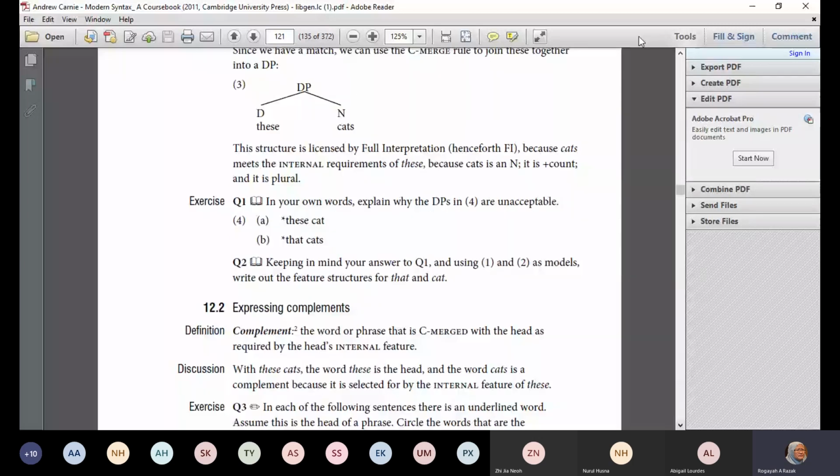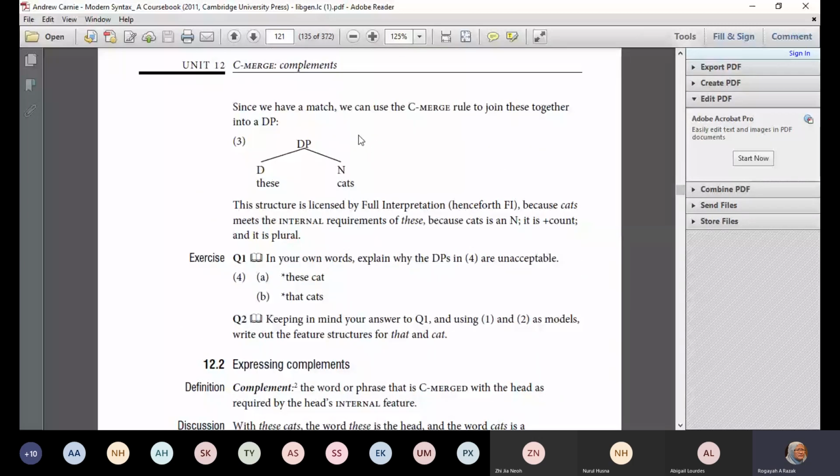Okay, now he goes on to say, since we have a match, we can use the C-merge rule to join this together. So then, since this has an internal feature specification and cats fulfill that specification, so this structure is licensed. License ni macam permitted, allowed.